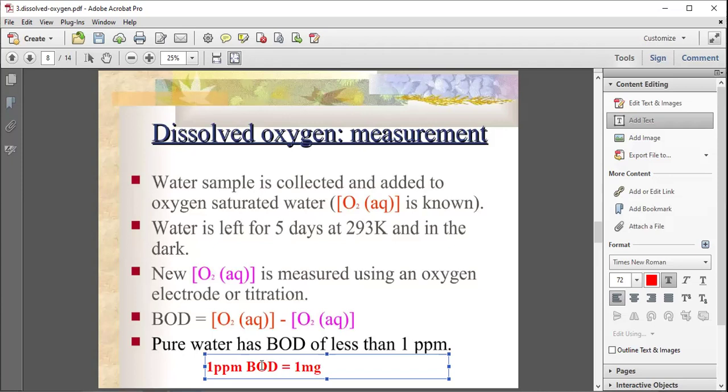O2 is the symbol for oxygen, oxygen gas. Normally, you know the meaning of oxygen.